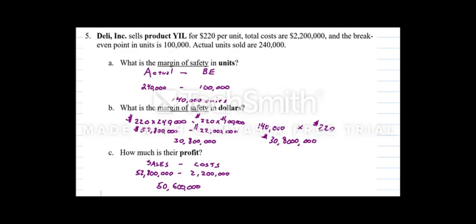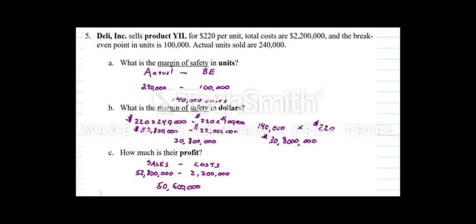In question number 5, we're going to talk about two of probably the easiest concepts in this chapter, and that's margin of safety and profit. Please do not overthink these two concepts. Margin of safety is how much can your sales go down and you still not lose any money. So think about it this way.